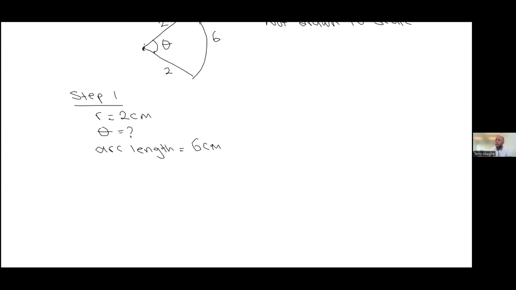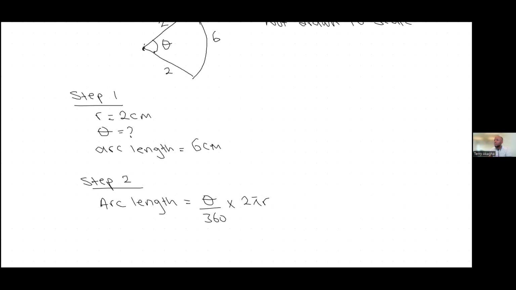Now from the formula, we know that the arc length is equal to theta over 360 times 2 pi r. So we know the arc length, we know 360, we know 2 pi r, but we are looking for theta. What I always advise is that we just make theta the subject of the formula.